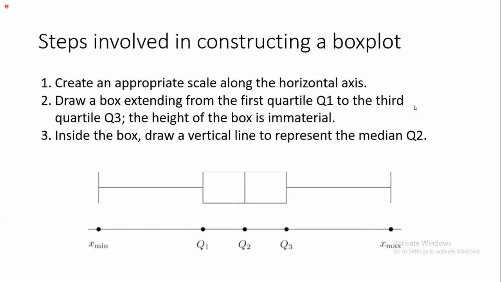I will give you an exercise to draw a box plot. Please remember, for now, you should know only 5 measures: minimum, maximum, and 3 quartiles. If you know these 5 measures, you can easily construct a box plot. Okay, keep in your mind.